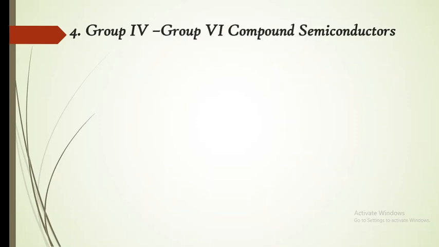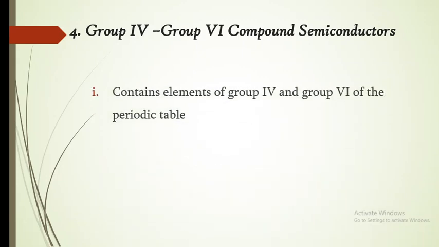Now the last group is group 4, group 6 compound semiconductors. Again here it consists of elements belonging to group 4 and another element belonging to group 6 of the periodic table. Group 4 means column number 14 and group 6 is column number 16.